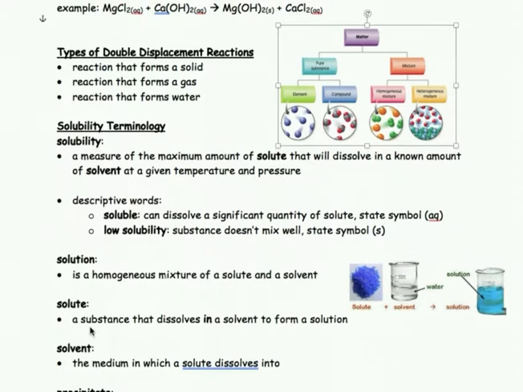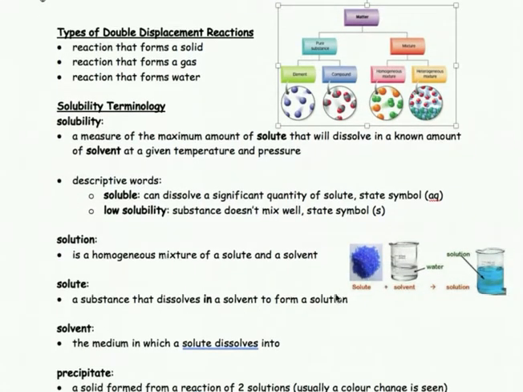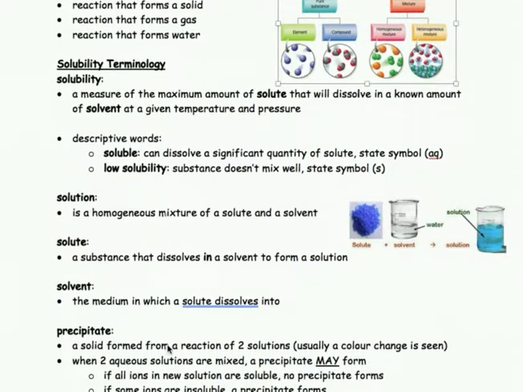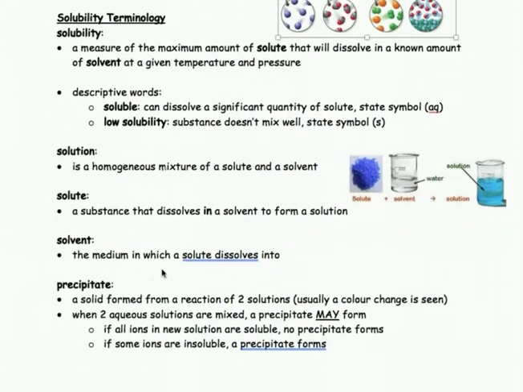All right. Okay, so we talked about solute. That's what mixes into the solvent. Okay. So once we do this and we put a couple different substances together, we're going to be looking to see, are they still mixed together? Are they soluble? Or does some sort of reaction happen so that some products form? Okay, so if we end up seeing a solid, we're going to call it a precipitate.